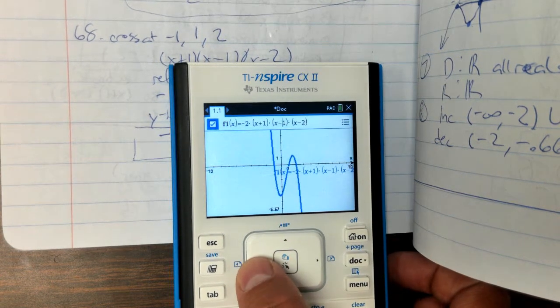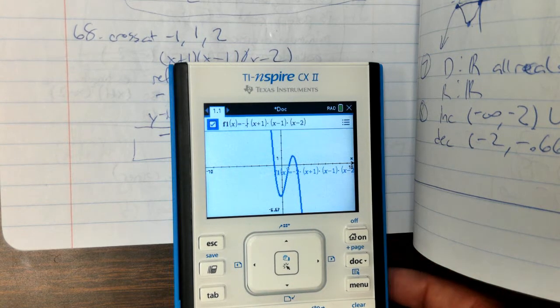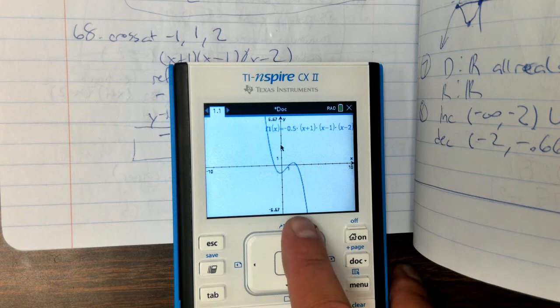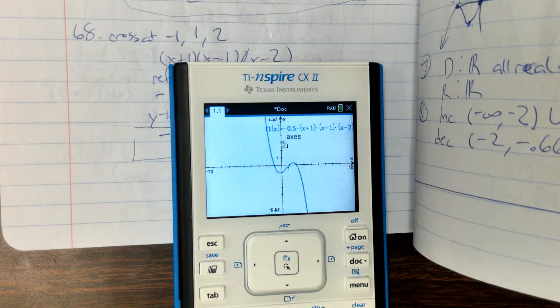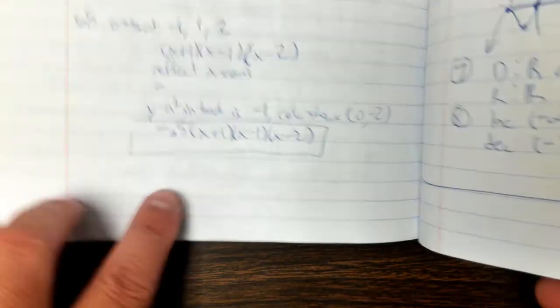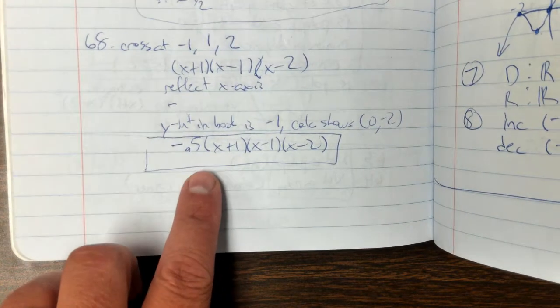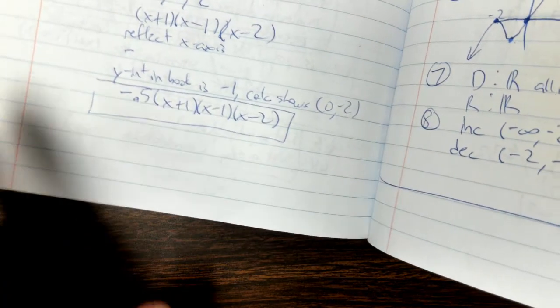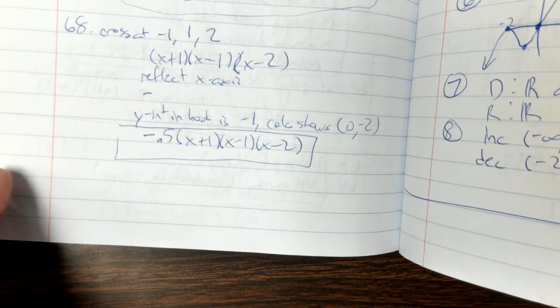And then if I put a 1/2, like 0.5, then it matches exactly what we want. Okay, very good. So that's why it's a -0.5, x plus 1, x minus 1, x minus 2.